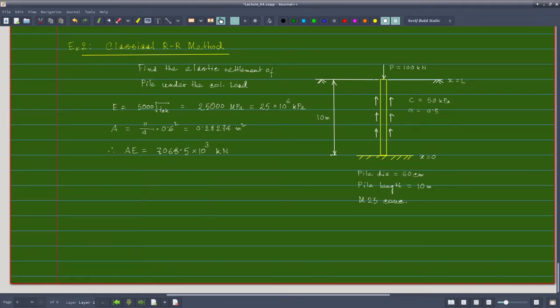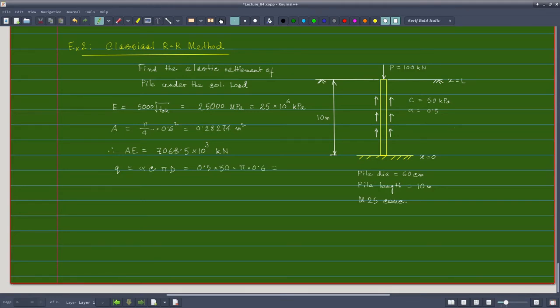Okay, and therefore let me find q. q is alpha into C into pi into diameter of the pile, and this gives me 0.5 into 50 into pi into 0.6, right?